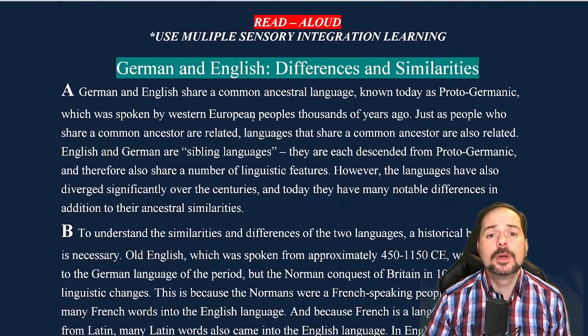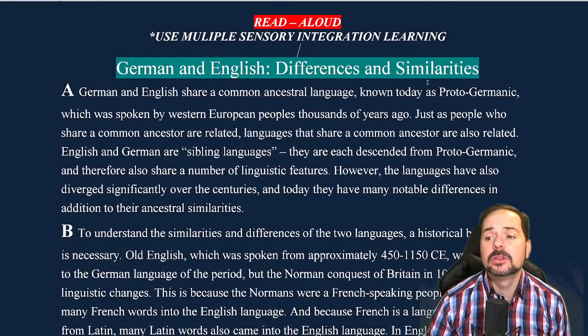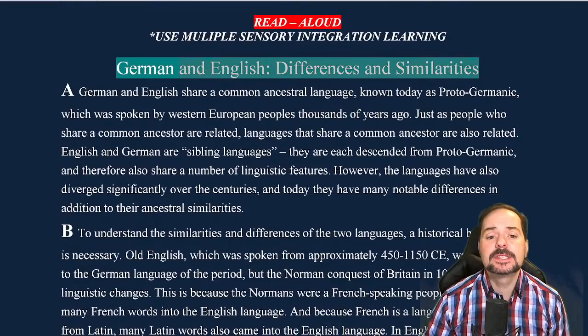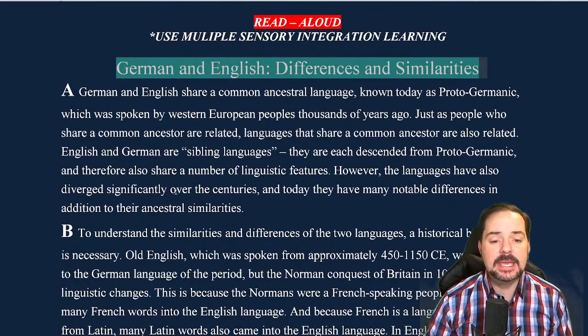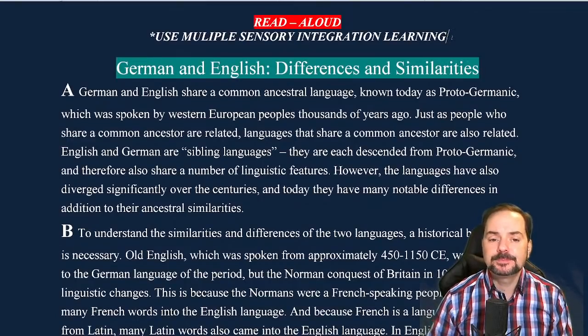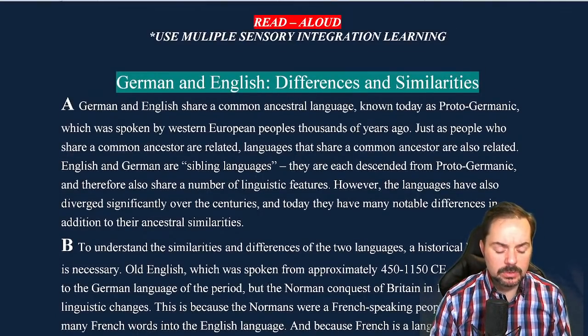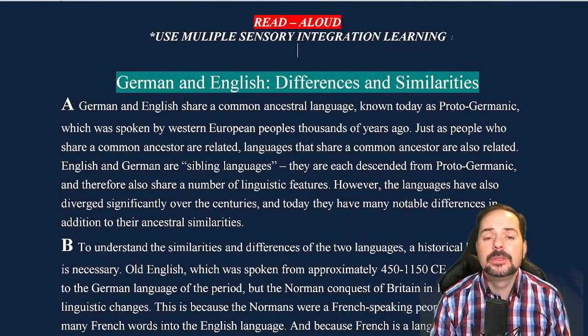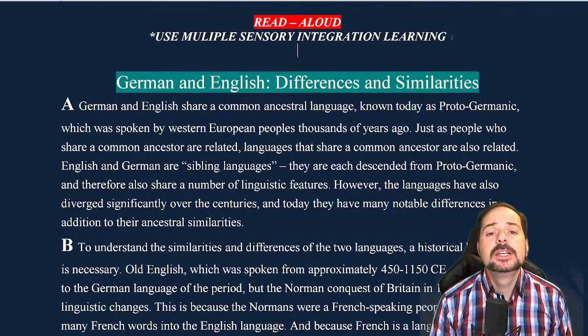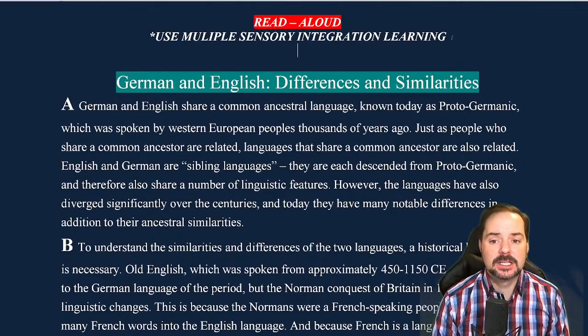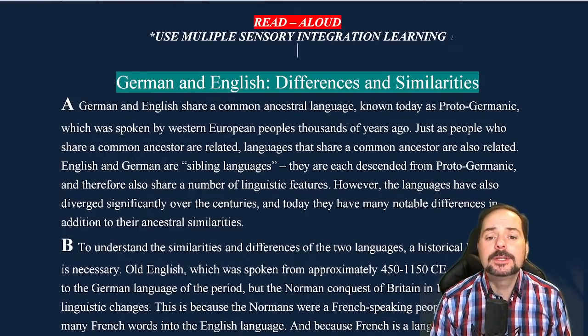Okay, so we're going to read, and we're going to answer some questions. Before that, let's take a look at the title. So German and English differences and similarities. Okay, what could that be? So here, what I want to do before I read the passage and the questions is I want to predict this passage. So I want to think a bit critically about it, okay?